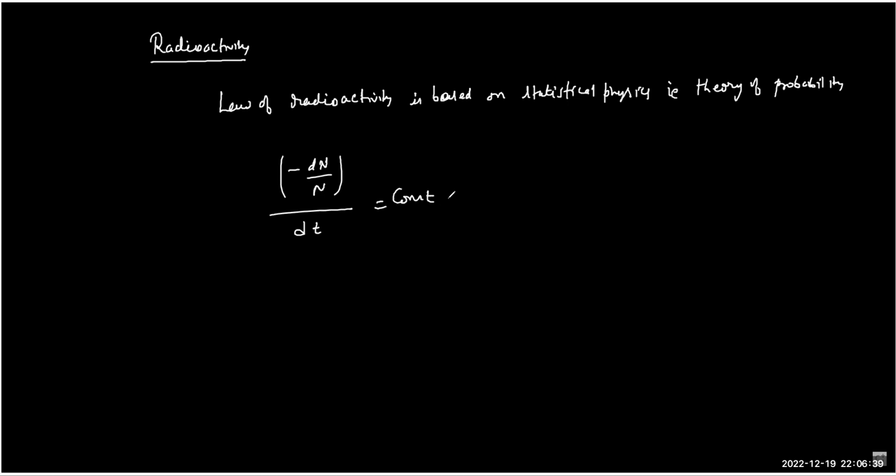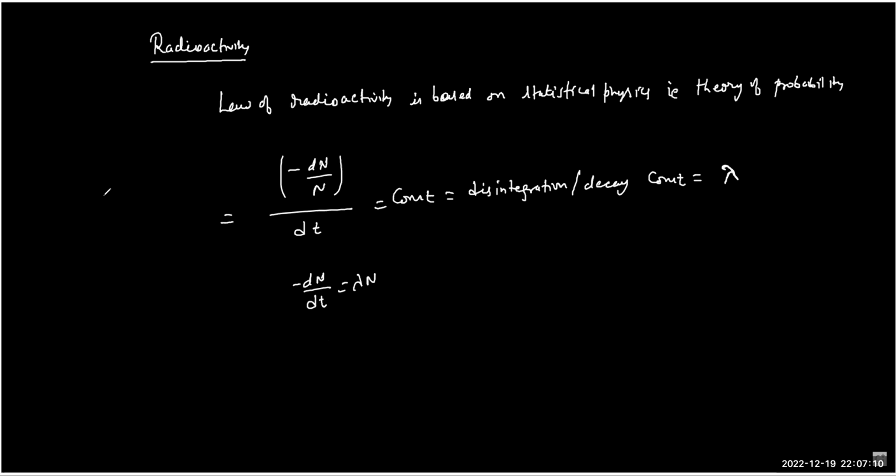And this constant is called a disintegration constant, also called decay constant. Symbolically, we represent it by the symbol lambda. Therefore, we can write dn by dt equals lambda into n.